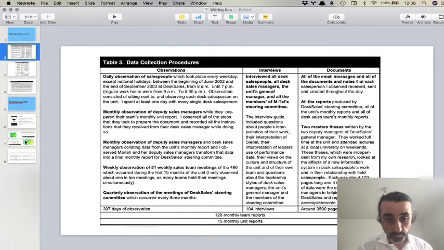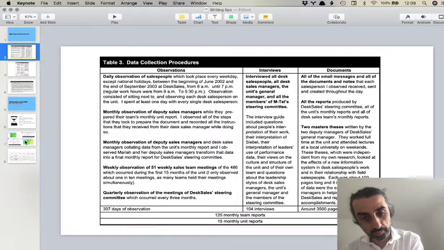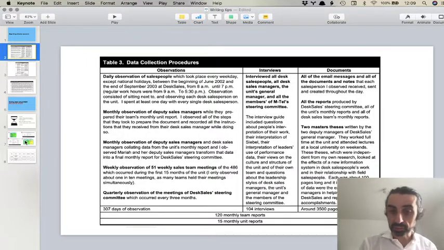Okay, so that means that the first figure in the results section is summarizing, integrating analysis, individual analysis of 120 monthly team reports, and the second figure 15, right? And so the figure in this discussion has 135 variations.